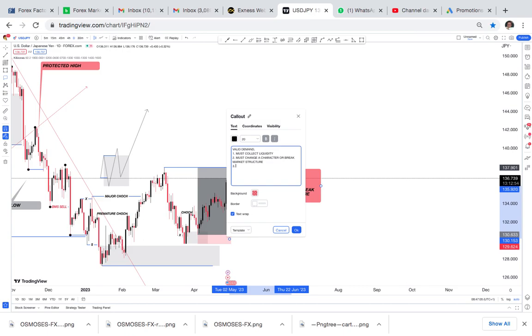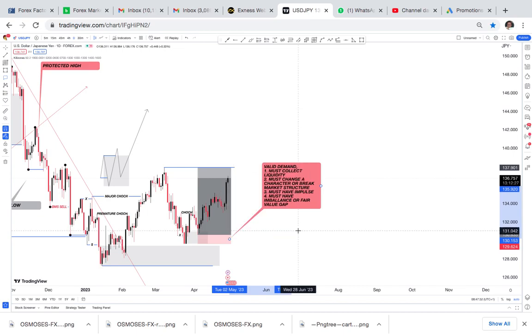Three, must have impulse. Four, must have imbalance or fair value gap. So I think these are the four for now that I can remember. Yeah, these are the four I actually look for.